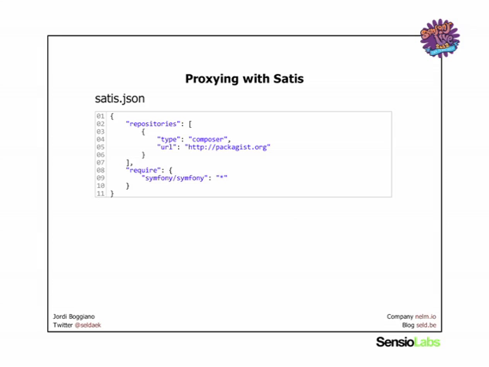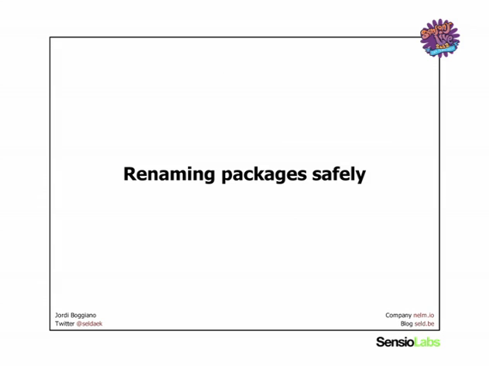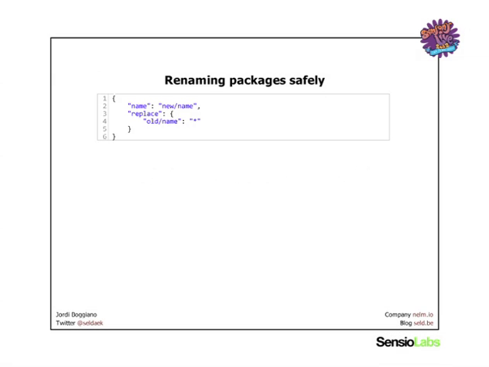Just one last thing. Renaming packages. That's something that tends to happen when people just start off. They create packages, and then they're like, oh no, the name is not cool enough, and I want to rename it. Nowadays, you can delete your packages yourself on Packagist if they have less than 50 downloads.